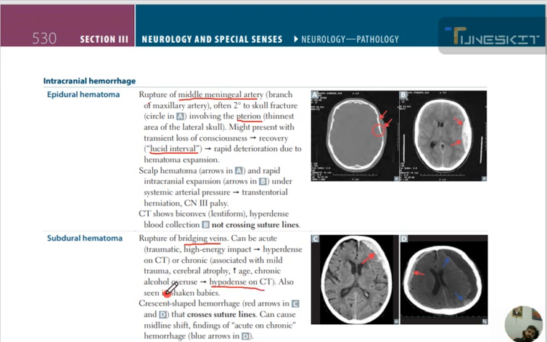Also seen in shaken babies. So this is also an important point. There is crescent shaped hemorrhage, red arrows in C and then D. It crosses the suture line and can cause midline shift, finding of acute on chronic hemorrhage, blue arrows.